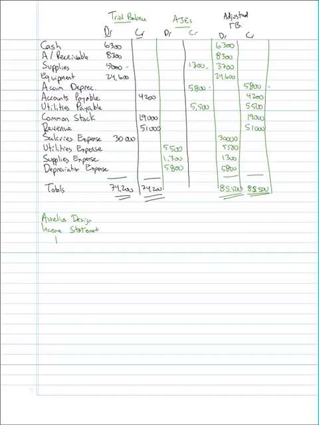This is our income statement for the year ended December 31st, 2011. Income statement is our statement of operating activities, revenues, and expenses. Revenues were $51,000.